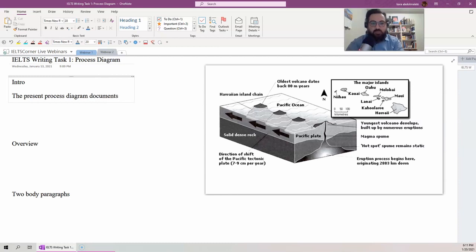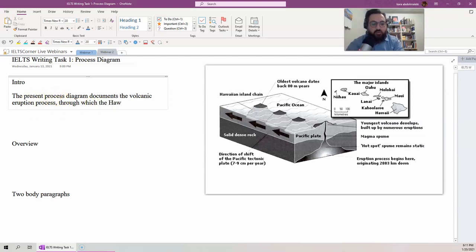documents the volcanic eruption process through which, and here if you have taken my grammar lessons, you will realize that this is an adjective clause, and so it makes this a complex sentence, right?